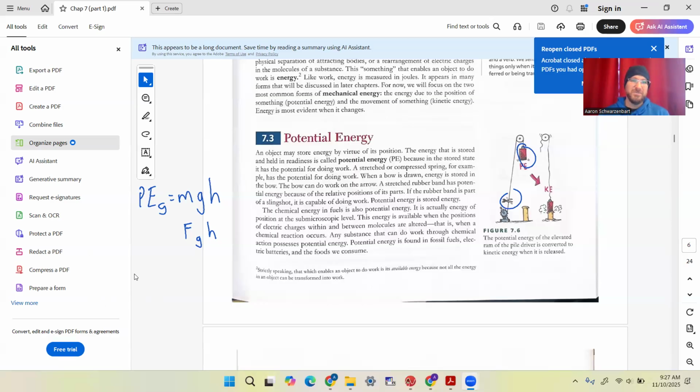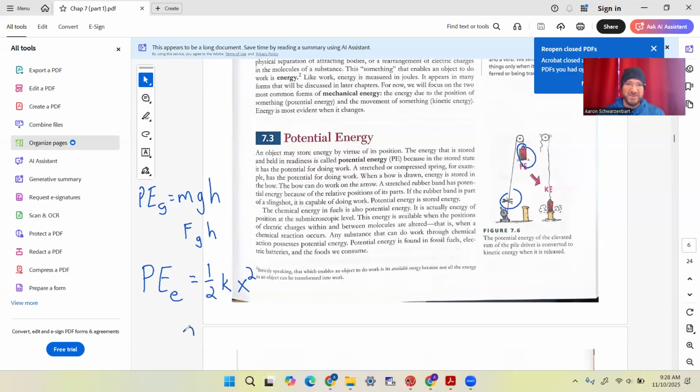The other type of potential energy we're going to talk about is spring or elastic. Elastic and spring work the same. A spring, you're familiar, I'm sure, with the coils. You can either press them in or stretch them out. And the spring potential energy is 1/2 k x squared. K stands for the spring constant, which is basically how hard it is to stretch or compress this spring, times the distance it's compressed or stretched.